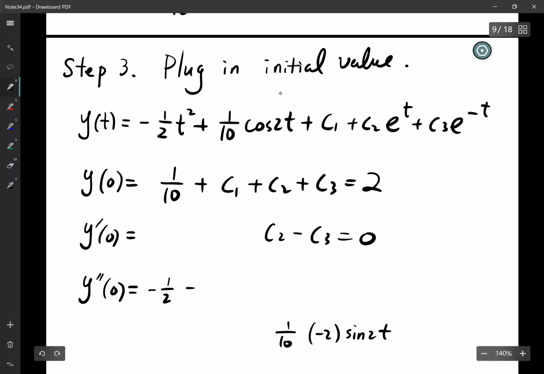I take another derivative, so it's a minus 4 cosine 2t. Take cosine of 0, that is 1. So this is minus 2 over 5. Right. So then this one is plus C2 plus C3 is 0.